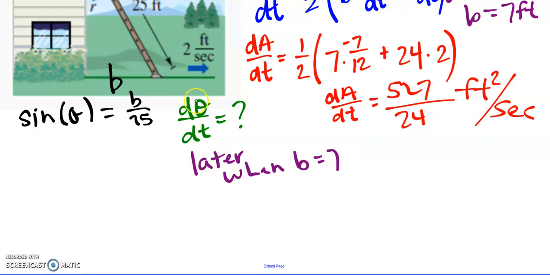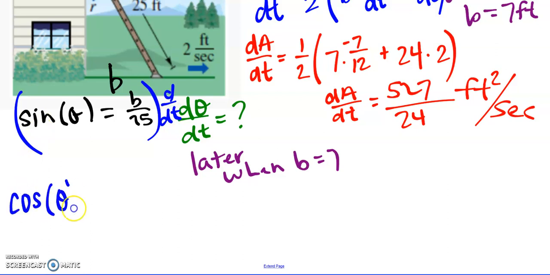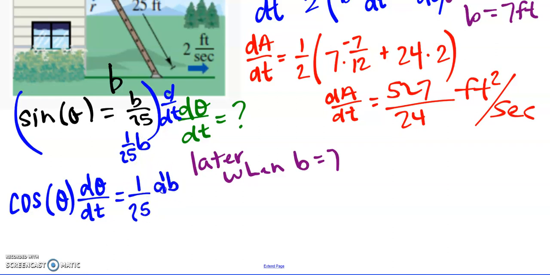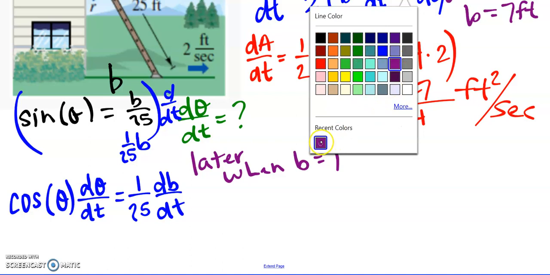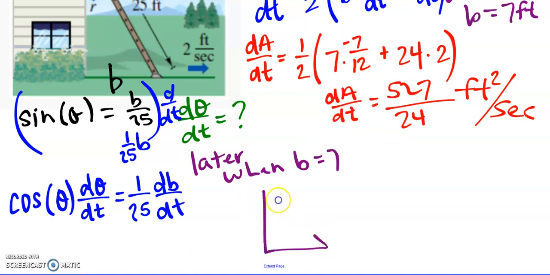Okay, so I'm ready. I have theta. I've got information about dB/dt being 2, so I can take the derivative of this with respect to time. The derivative of sine is cosine, leave theta alone, times the derivative of theta, the inside, with respect to time. Instead of thinking about this as B over 25, I'm going to think mathematically as 1/25th B. So this will become 1/25th dB/dt. Now, it's the moment we've all been waiting for. It's later, when B is 7, we've got theta up here.